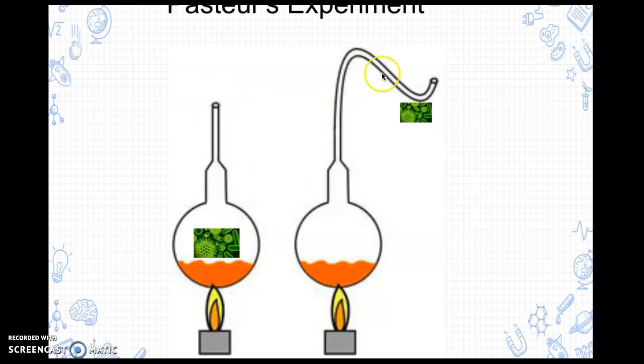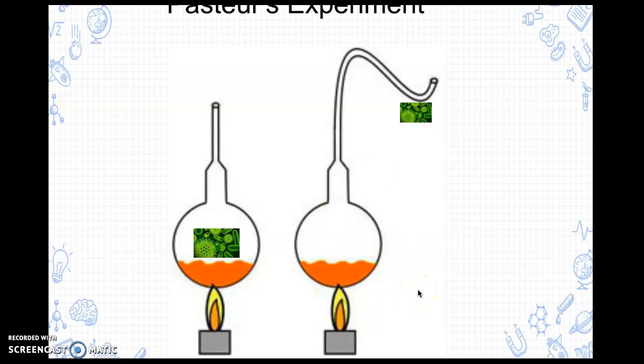So he developed this S-shaped flask, and he boiled up the gravy, no microorganisms. That was because the microorganisms from the air could not crawl up the S-shaped flask. Even though it was exposed to air, there was no mold that formed; no bacteria was able to take over and colonize that gravy.